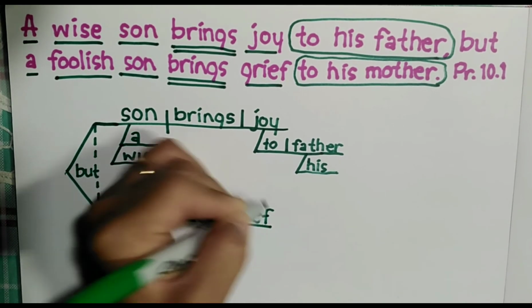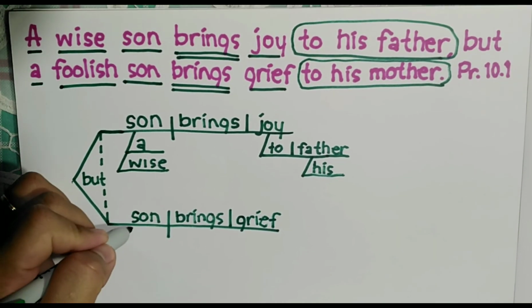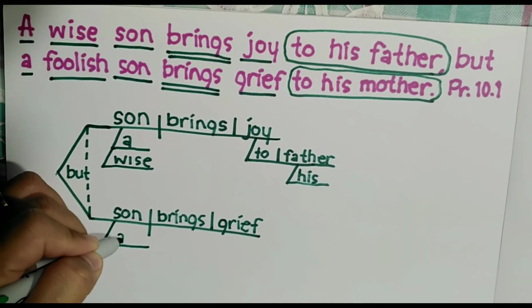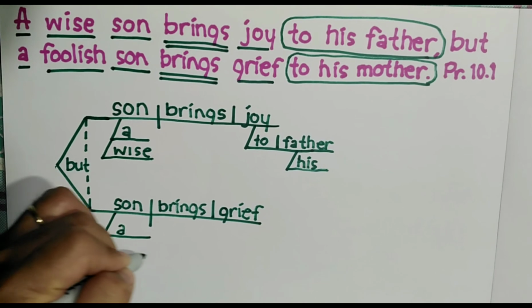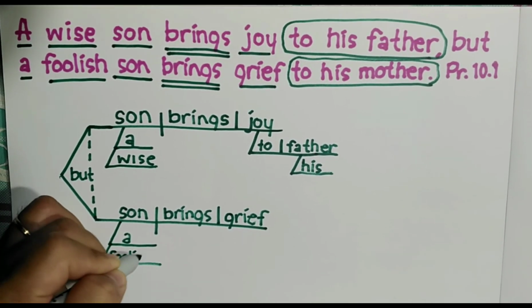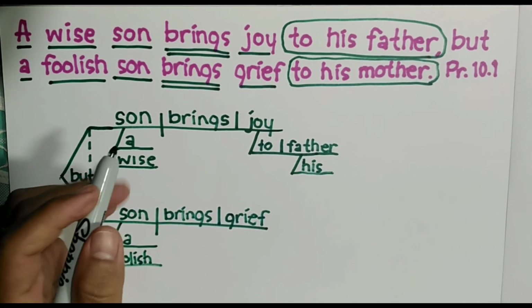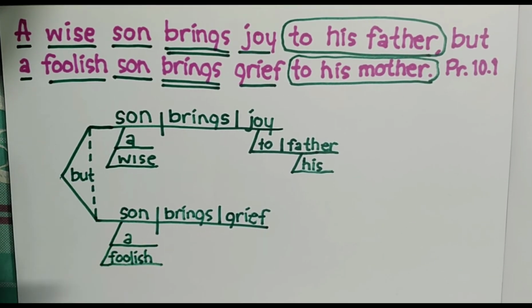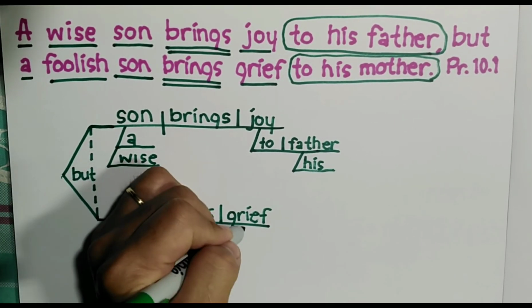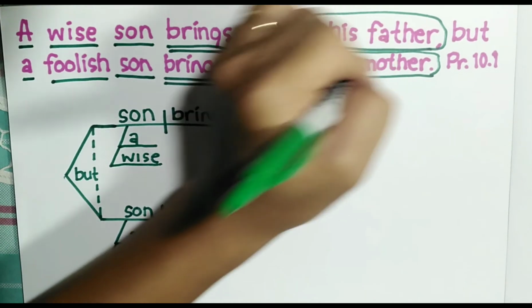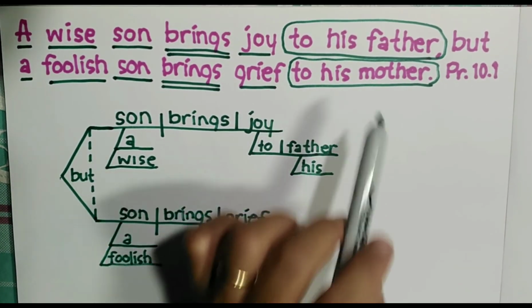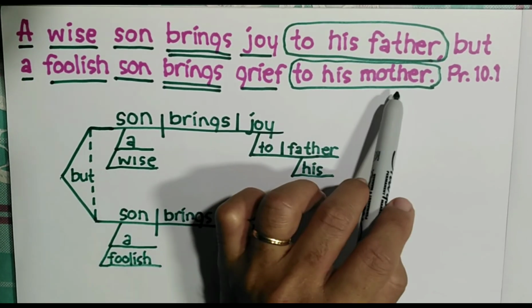Okay, what kind of son? A foolish son. A foolish. It describes the son. The son is foolish. Brings grief to whom? To his father. To his mother, rather. So this one again is a prepositional phrase with the preposition to, and then the object of the preposition to is mother.